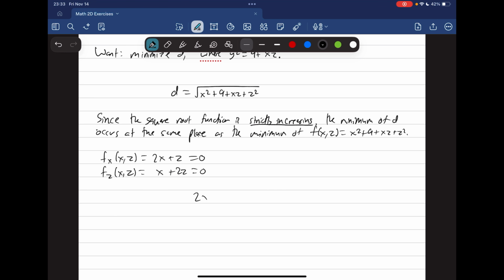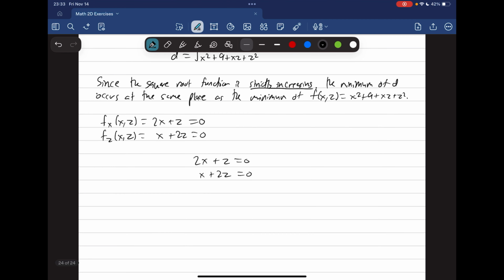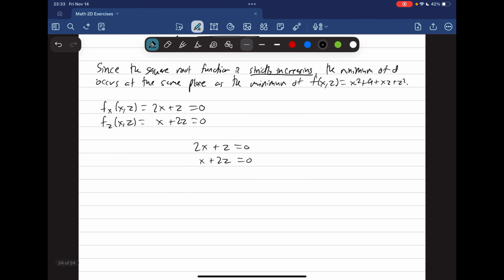And so what we get is this system of equations that we need to solve. And this isn't so bad because, for example, if we solve for x in the second equation, x is going to be negative 2z. Plugging it into the first equation, we get 2 times negative 2z plus z equals 0, which says negative 4z plus z equals 0, i.e. negative 3z equals 0, which has only the solution z equals 0.